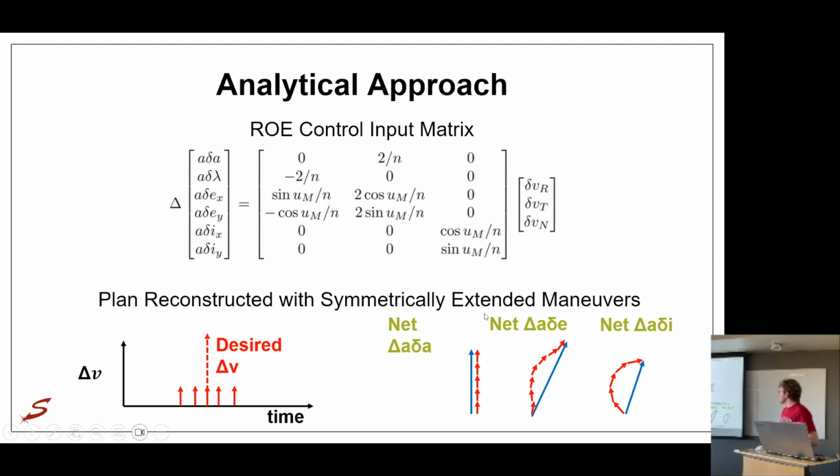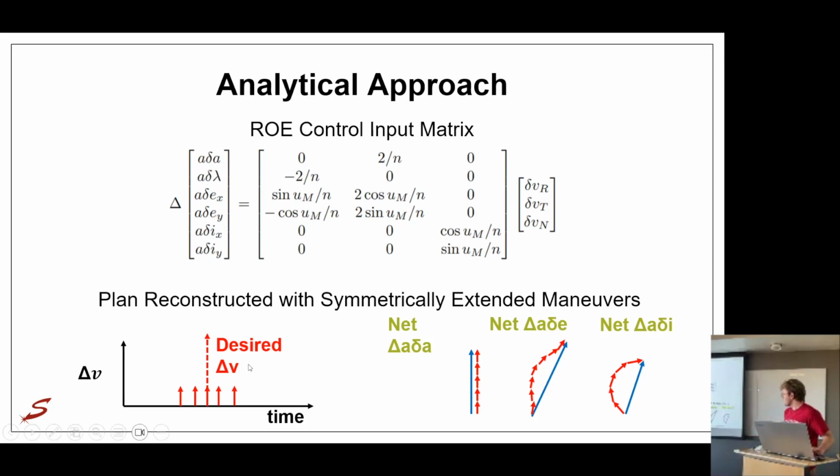These give us symmetry in the dispersion, or the spread, of maneuvers around a location. So if we have an ideal maneuver location and we were to maneuver 10 seconds ahead of time and 10 seconds before that, we could cancel out the off-desired effects of those maneuvers and achieve the same desired reconfiguration with a series of maneuvers that are all constraint abiding, where no single maneuver violates the maximum constraint.